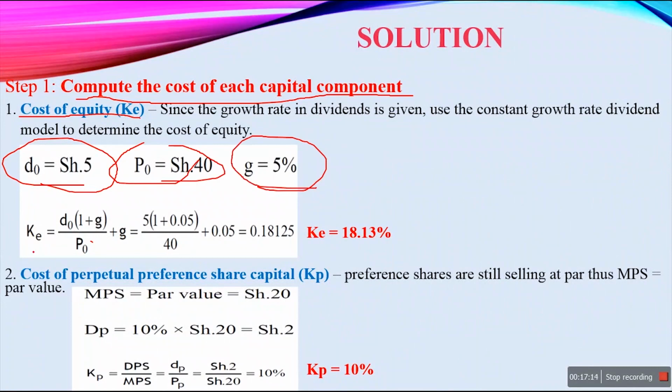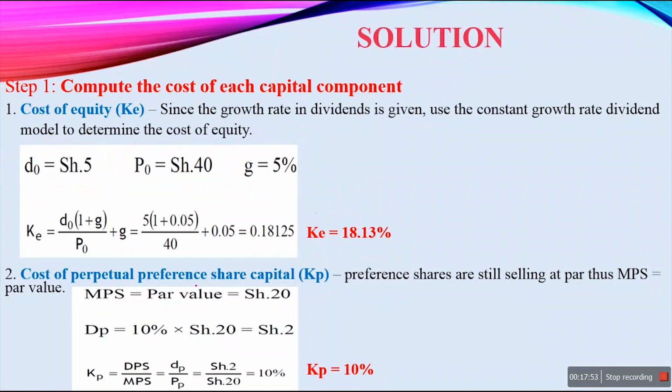We replace these in our formula, remembering the G is outside, so you add it separately, and you get 0.18125. One thing to note is that costs are normally represented in percentages, so always ensure that you represent the cost in percentage. You multiply this by 100 to make it a percentage. This becomes 18.13%, and that is our cost of equity.